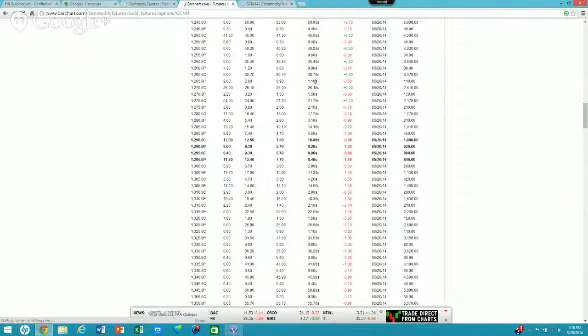Just selling the 1265 put, which is 30 points away from the market, and then selling the 1325 call. Your risk is still unlimited, but the market has to get over 1325, or it has to get under 1265 for you to get hurt.